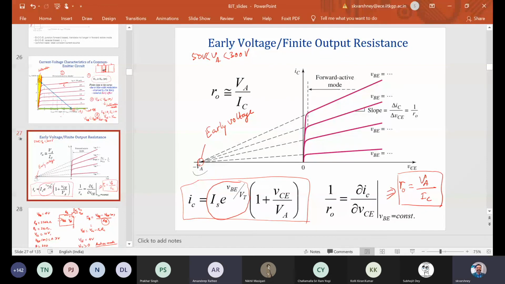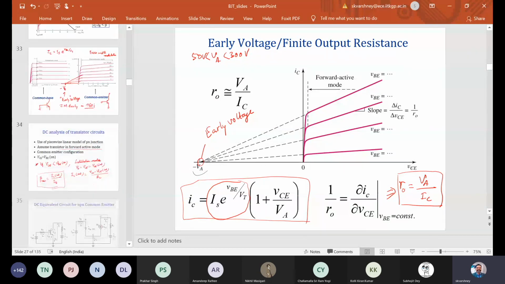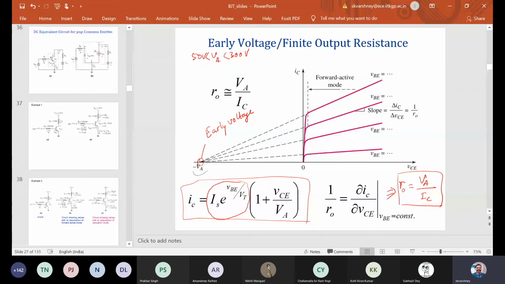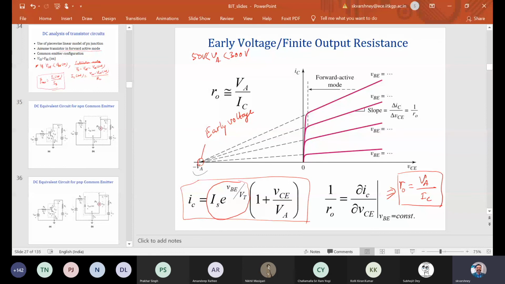Could you please explain, in voltage biasing when we have a coupling capacitor, how to find the Thevenin voltage? I think we did it onto the VTH.